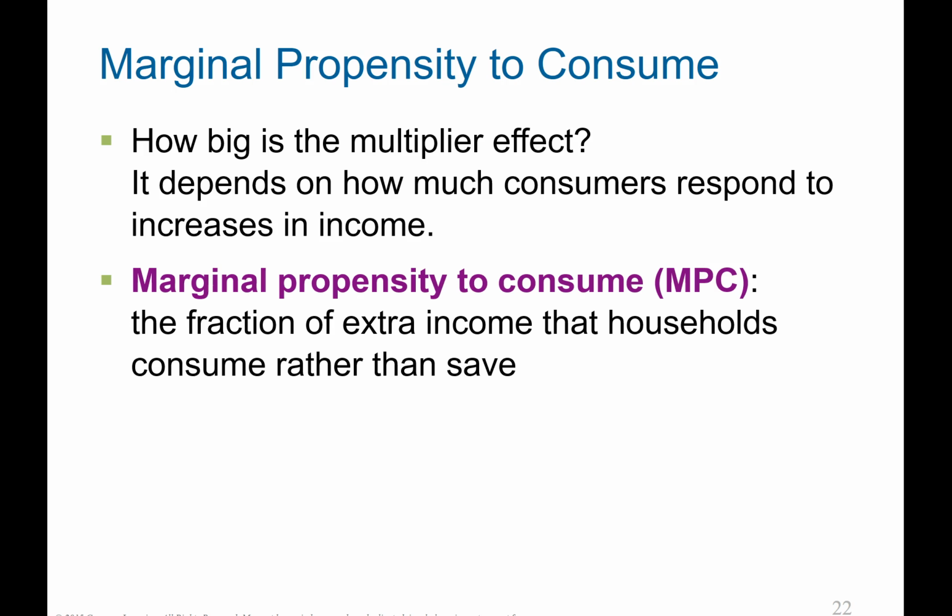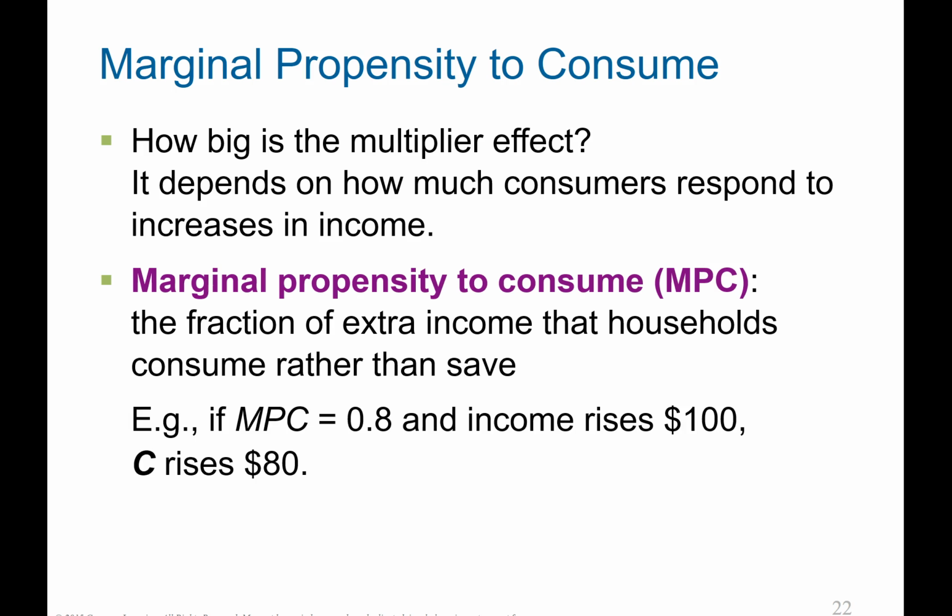So that for every dollar of additional income, the typical consumer is going to either spend it or save it, or some combination of those two things. The marginal propensity to consume then is the fraction of extra income that they consume rather than save. So here's our example. If the marginal propensity to consume is 0.8, and income rises $100, then consumption is going to rise $80.